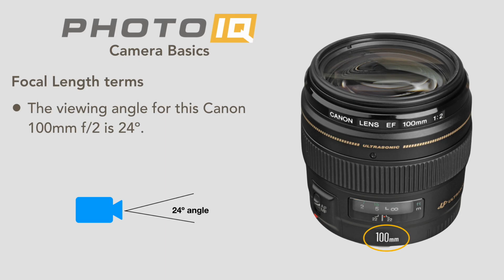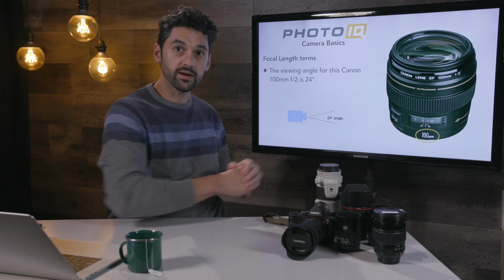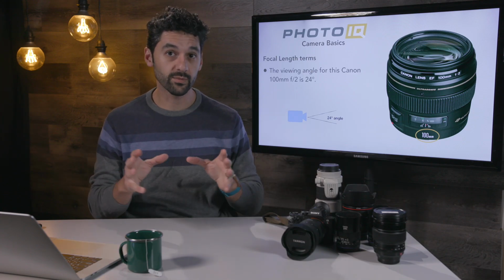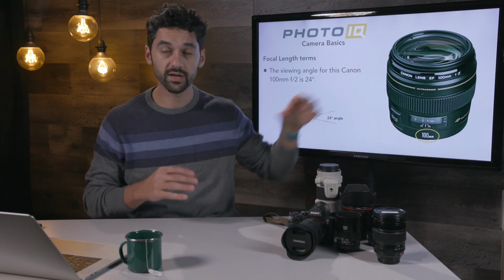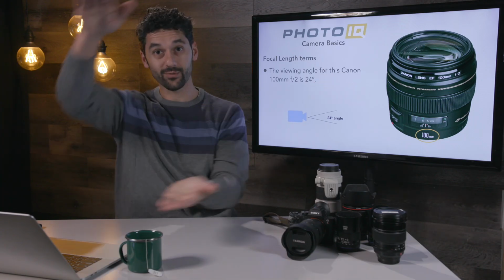Here's a couple of examples for you. The viewing angle of this 100 millimeter lens, according to the specs from Canon, is 24 degrees. So that is this wedge shape right here. That is the angle of view. Now remember, it's a cone because it's a cylinder. So it could be 24 degrees this way or this way.